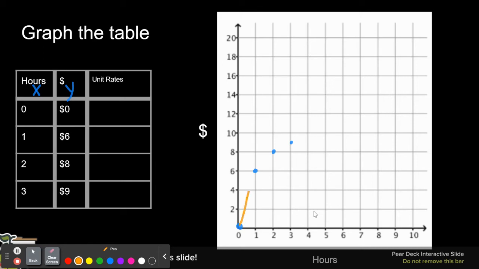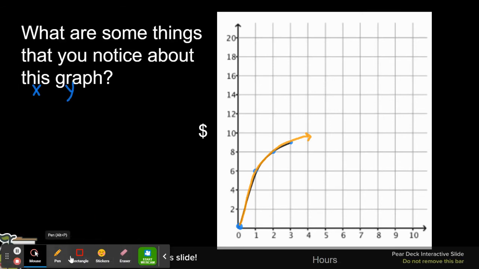Remember, it kind of looks like this. Okay? So in the back of your mind, what's different about this table that is not proportional than the table that was proportional? Right, there it is there. Let me clear this out.